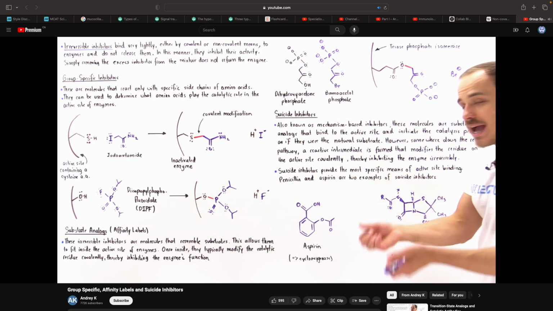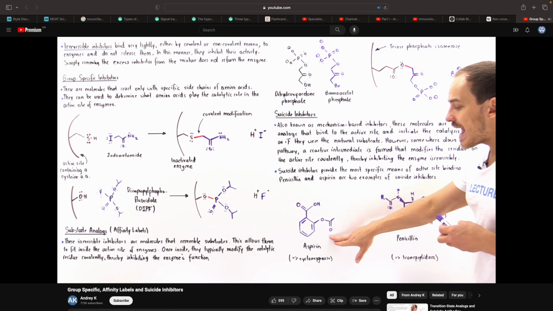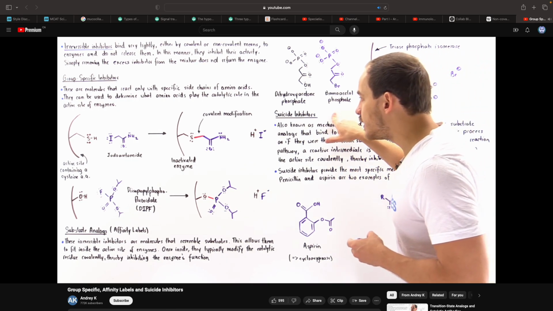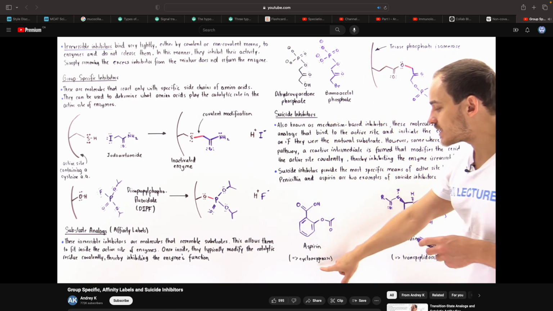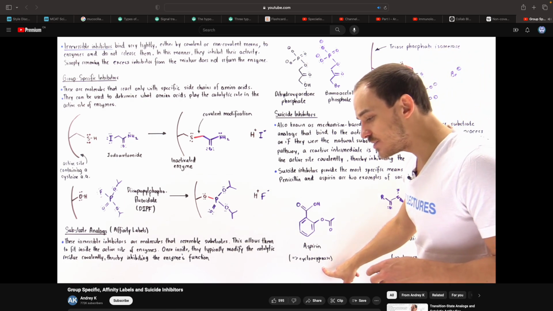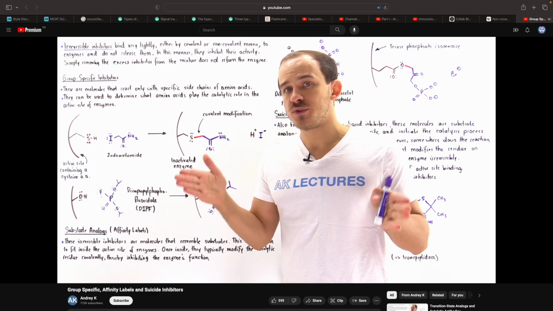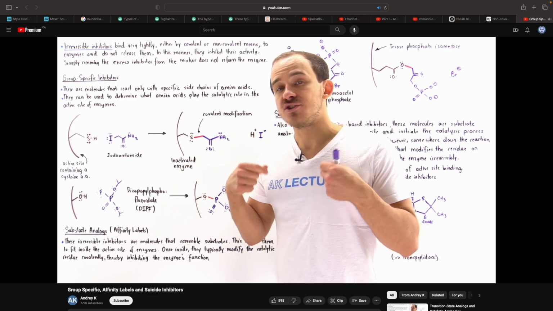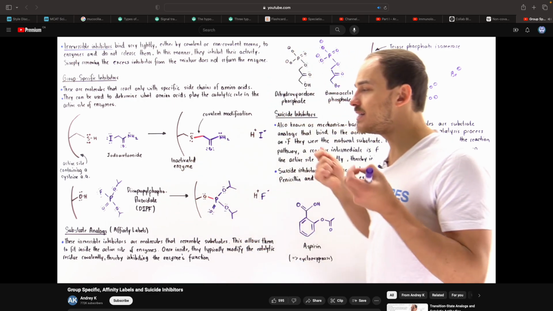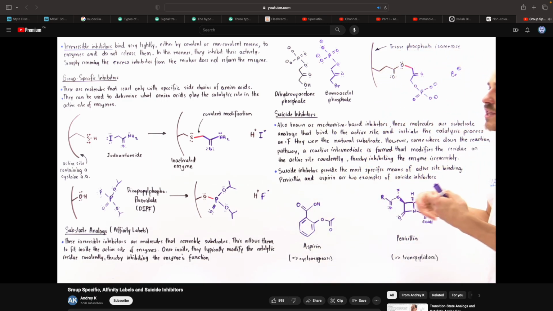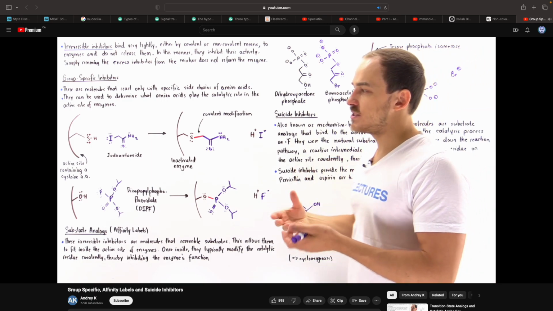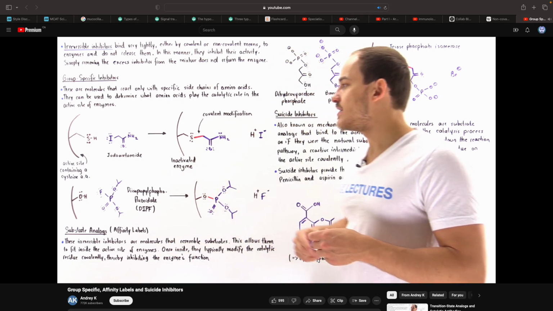And so when we actually ingest aspirin, aspirin acts as a suicide inhibitor and it binds into the active site of that cyclooxygenase. And so what that does is it disables the ability to produce that signal molecule, and so the inflammation process cannot take place properly. And so that relieves pain, it decreases pain, it removes headaches, and so forth.